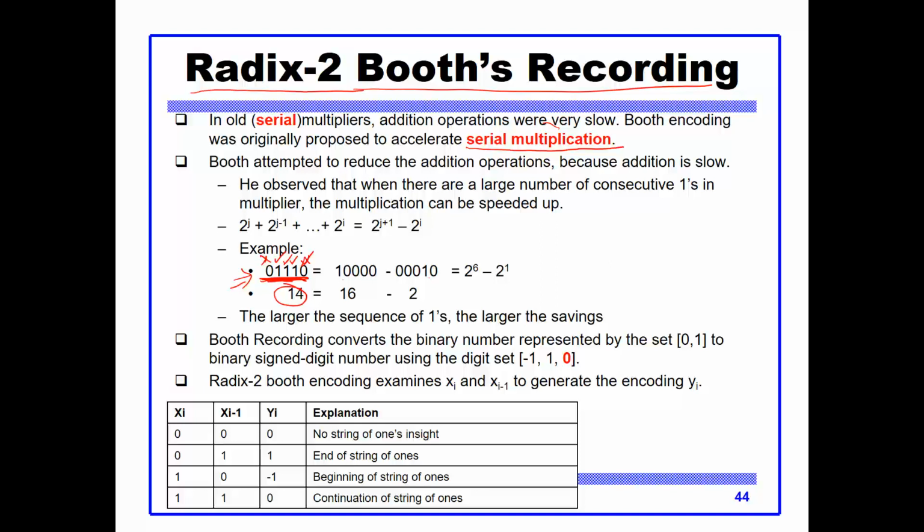And 16 minus 2 can be written like this: 1, 0, 0, minus 1, and 0. One might say, what is this? I would say this is a Booth recoding digit. In Booth recoding, we use 0, 1, and minus 1. What does a minus 1 mean? It means a minus 1. So how can we code this in binary?